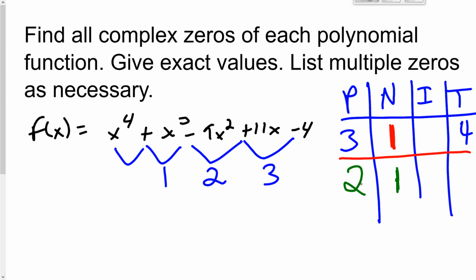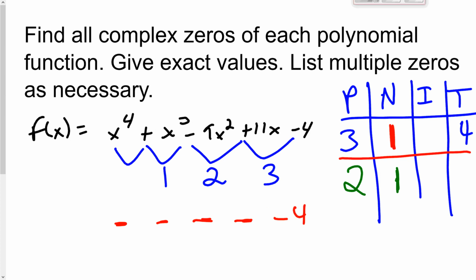So actually that would be a total of 3, but I can only have 1 negative. As you can see, if we run our negative through, a negative to the 4th is positive, a negative to the 3rd is negative, a negative squared is a positive, and positive times negative 9 would be a negative coefficient, and negative times 11 would be a negative, and we have our negative 4.